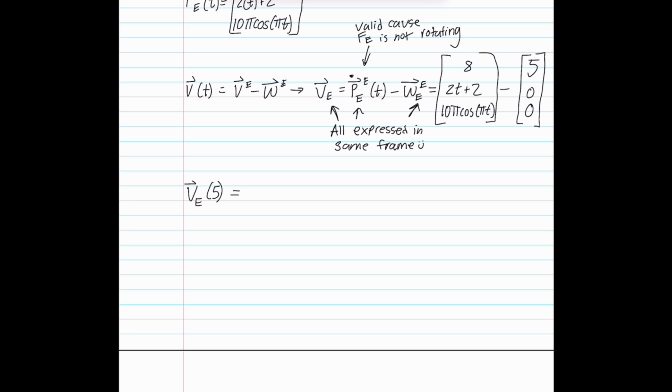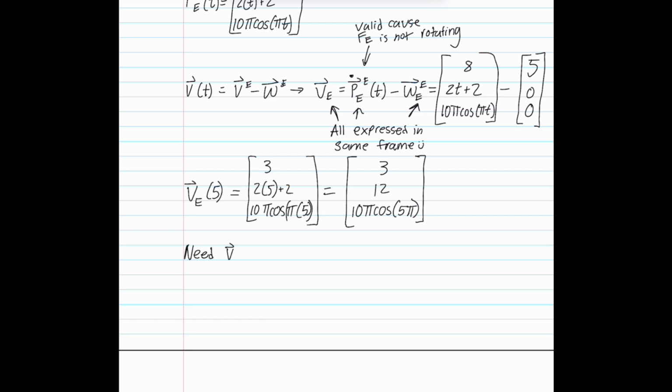So just plugging in 5 to that, this is what we get. Simple multiplication and addition here. Okay, so we actually need the velocity expressed in the body frame.